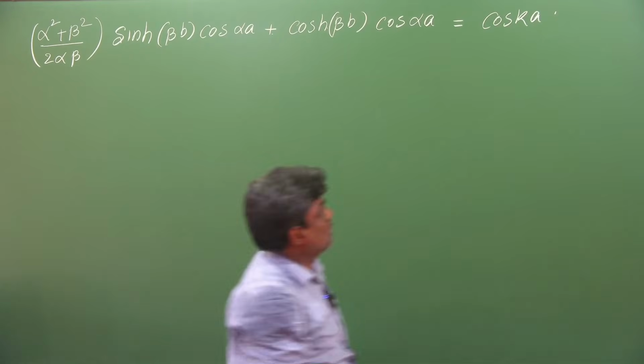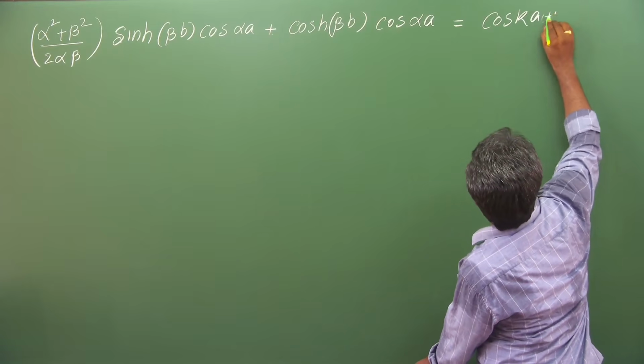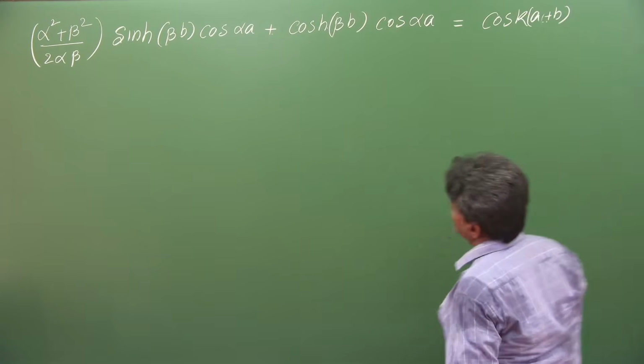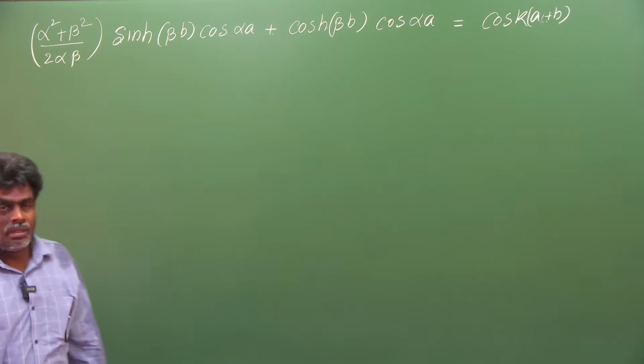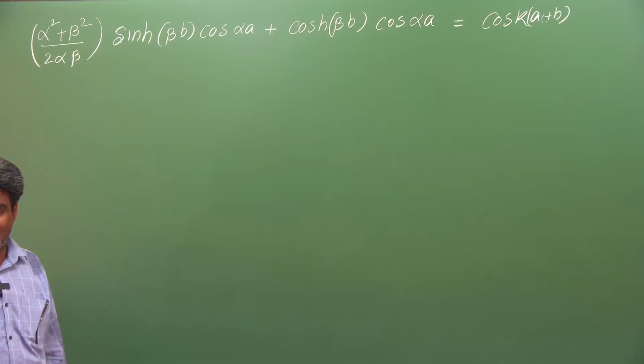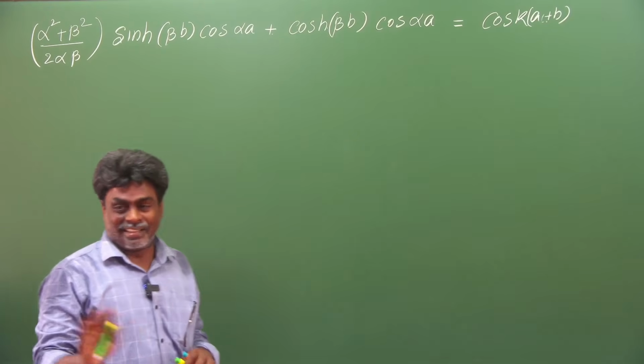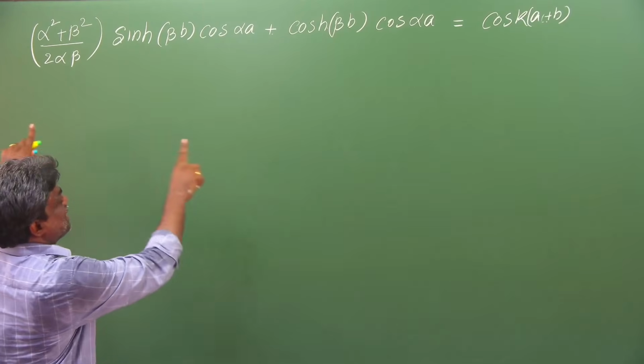Not exactly cos ka, it is cos k of (a plus b), I think. So this is the expression you will get. If you want the derivation, see the textbook. I think they have written the determinant and after that this expression. Okay, fine, no problem.